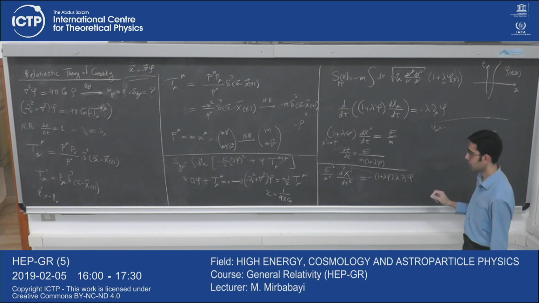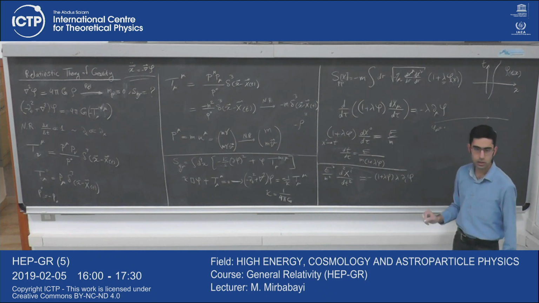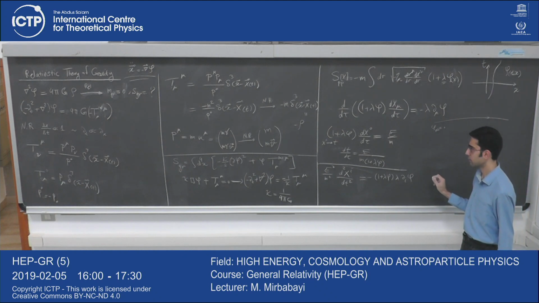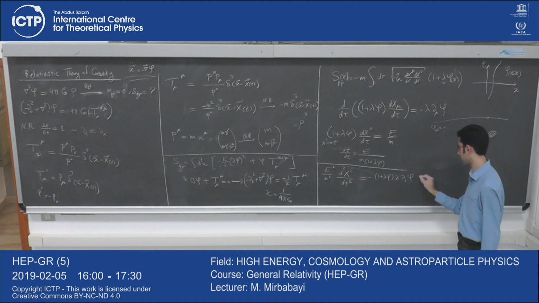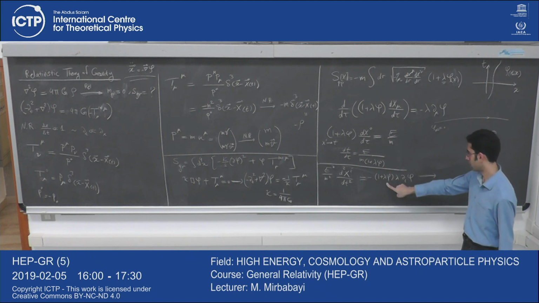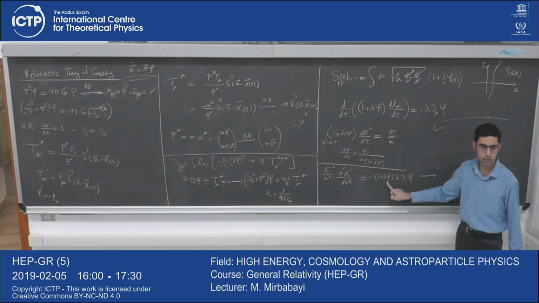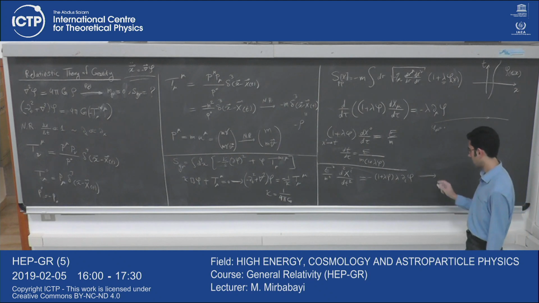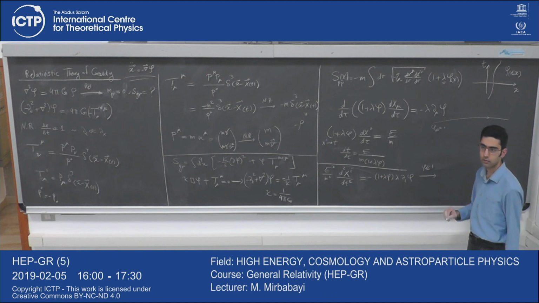Now we are also going to assume that we are in weak field. So this phi is much smaller than 1. Therefore, when I have a term which is quadratic in phi, I can ignore it. So phi is much less than 1, the first assumption.